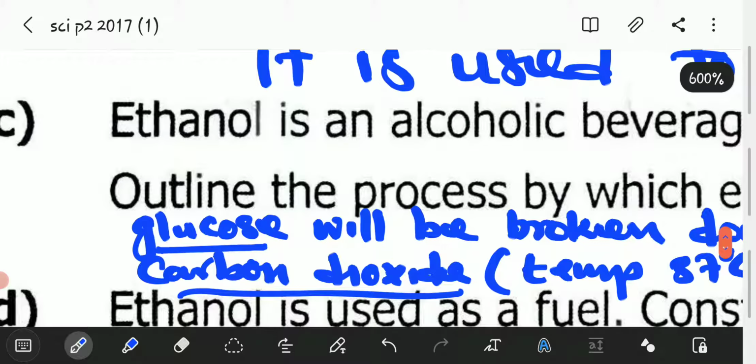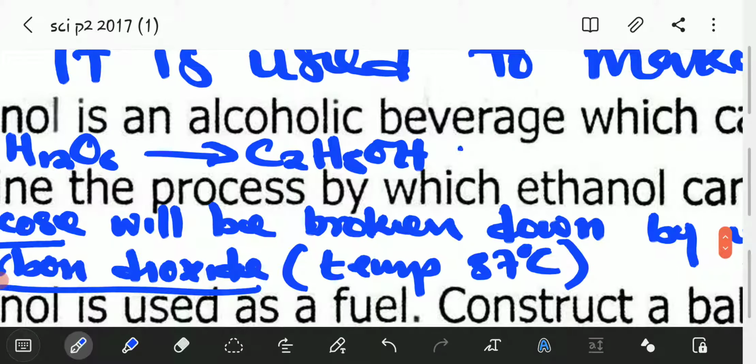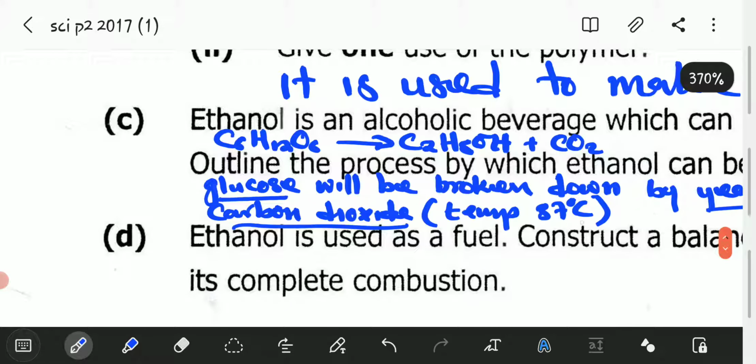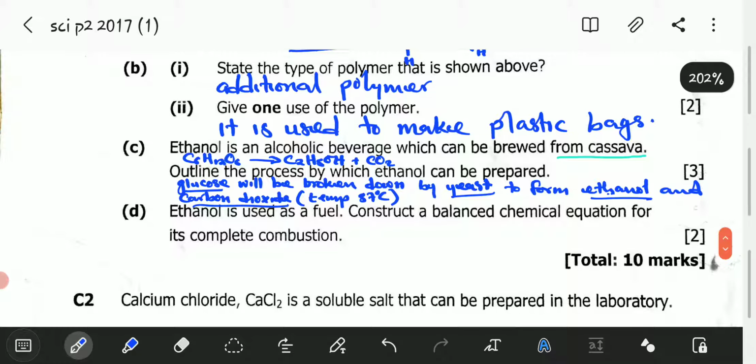The chemical equation for the reaction is going to be C6H12O6 being broken down to C2H5OH plus CO2. So this is the equation. If you put all those in your explanation, you will definitely get the 3 marks.